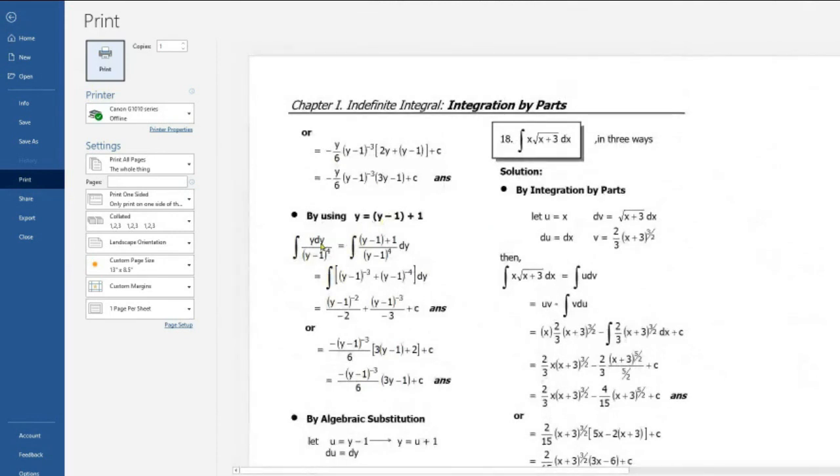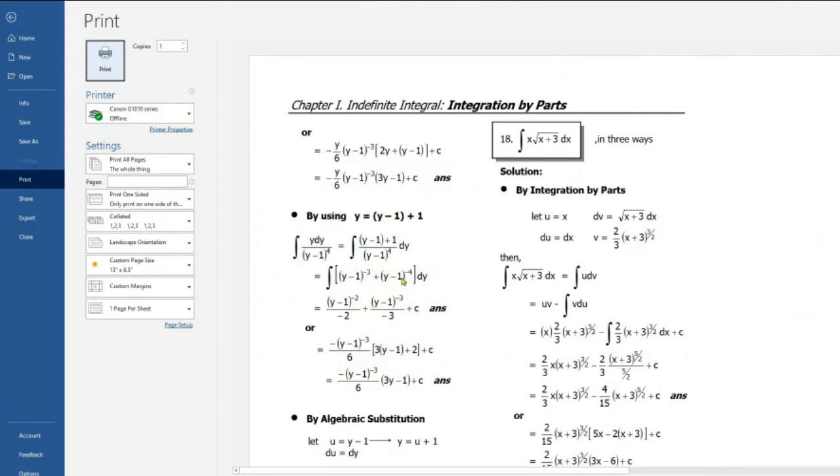Another solution is by plus or minus method. Plus and minus method, ito. Yung y ginawang negative y plus 1. Or yung y ginawang y minus 1, then plus 1. Kaya ang nangyari doon, makaka-cancel yun, magiging 1 over y minus 1 cube or y minus 1 raised to negative 3.